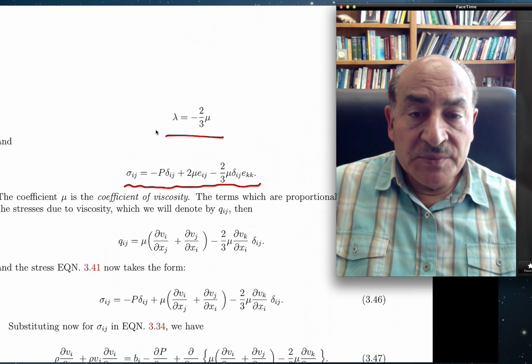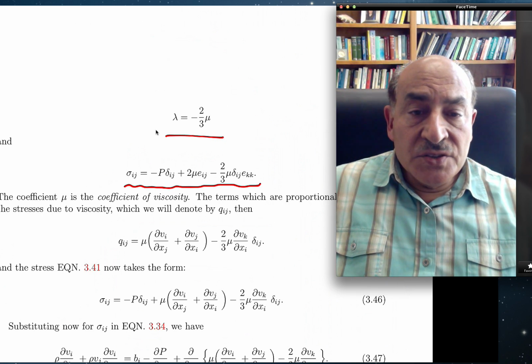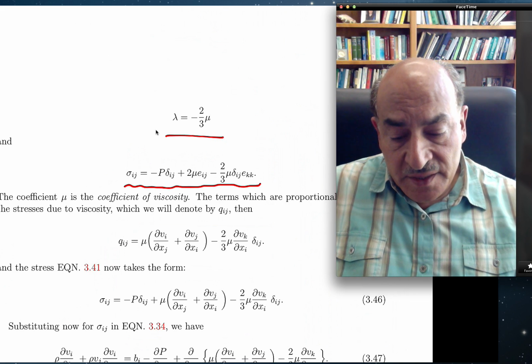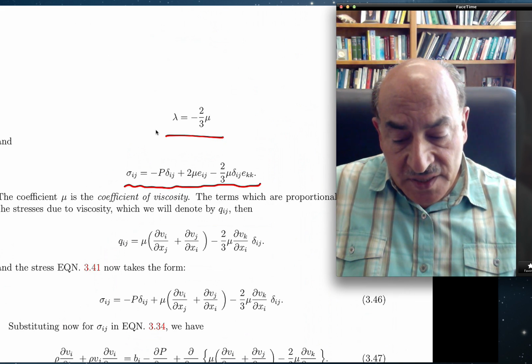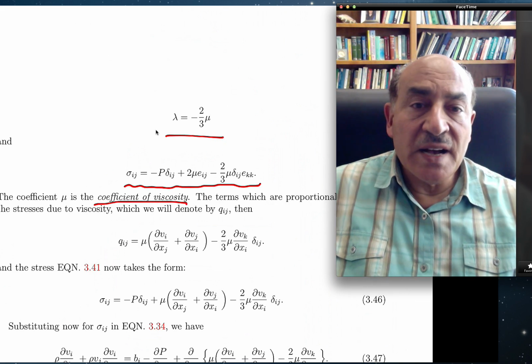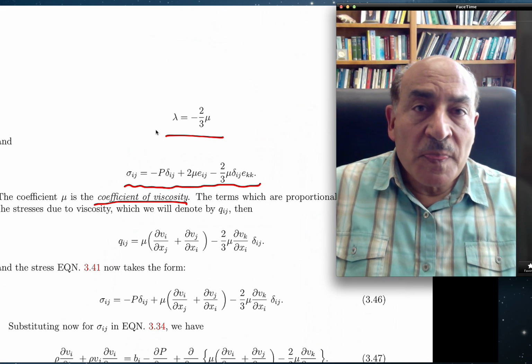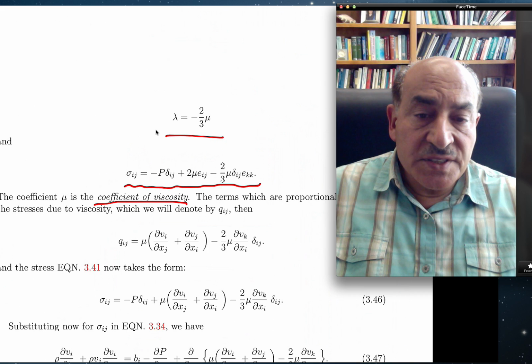And that relationship is what you see here. So at this point, we are going to define mu, which is an arbitrary constant, as the coefficient of viscosity. And that's the first time that it appears here in the Navier-Stokes equation.